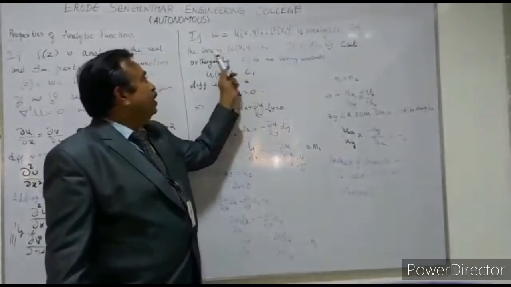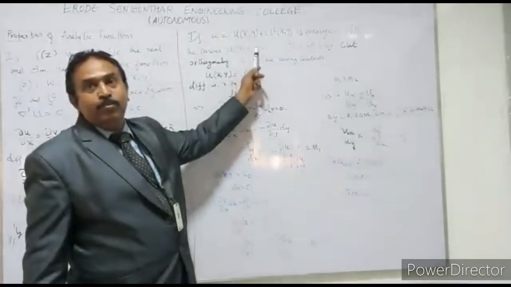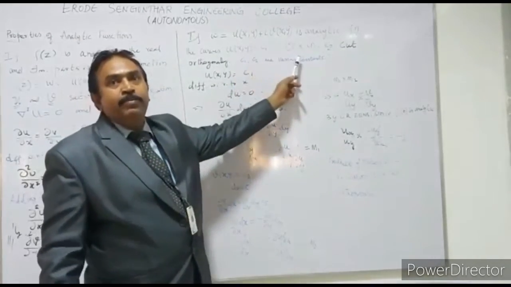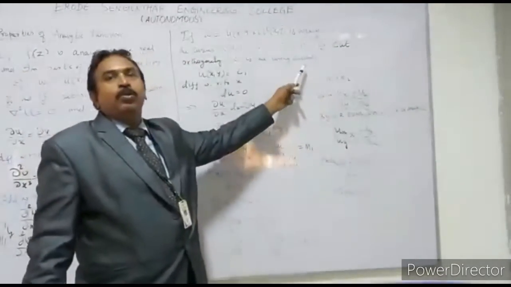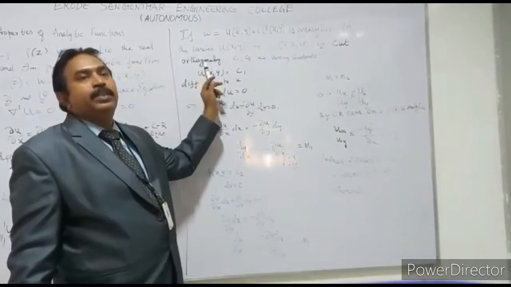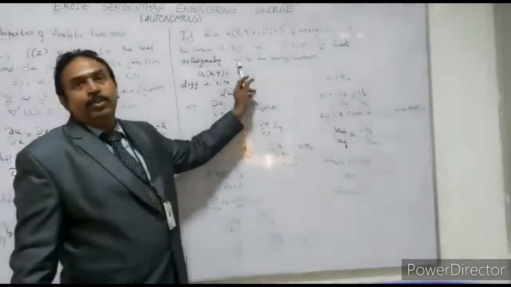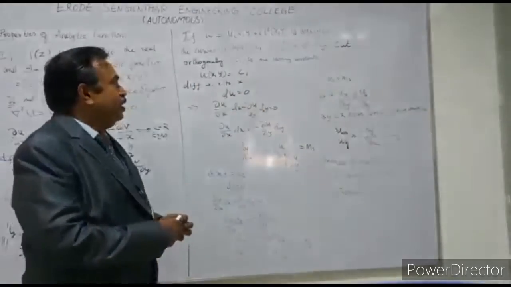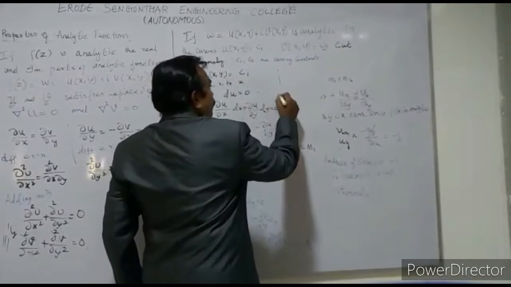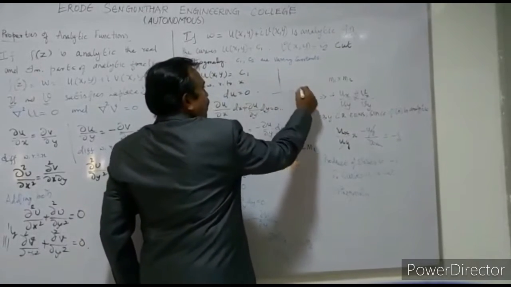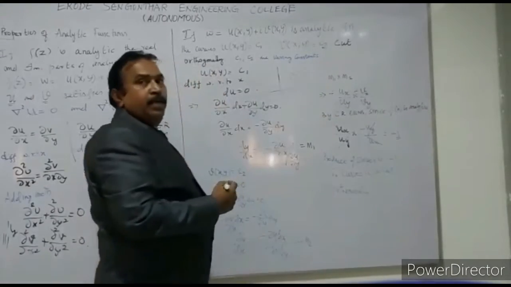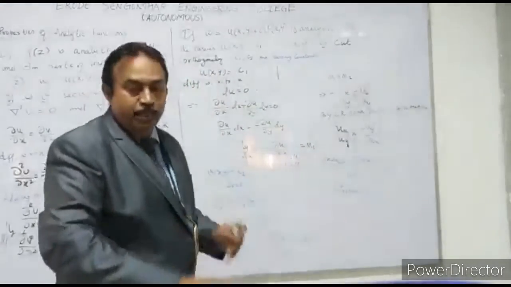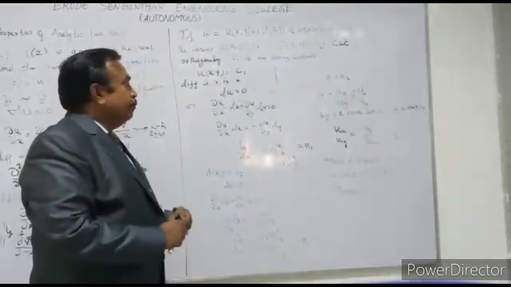When we say that u of x comma y is equal to c1, some curve, and v of x comma y is equal to c2, some curve, they cut orthogonally if and only if the function is analytic. c1 and c2 may vary, right? It will be like this. It will be cutting orthogonally.